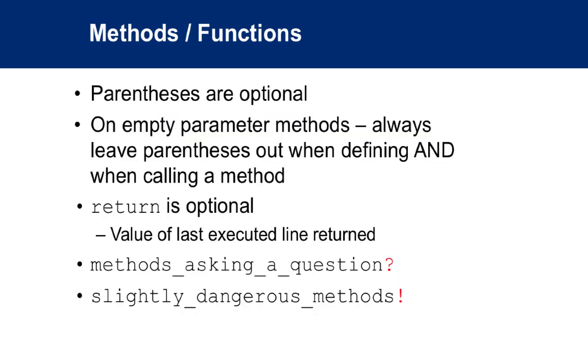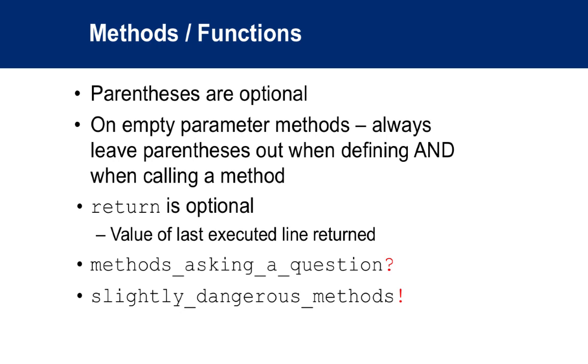Okay, so speaking of methods and functions, parentheses are optional, like most other things in Ruby. And on empty parameter methods, you should always leave parentheses out when defining and when calling a method. And we'll see an example of that. Return in a method is optional.